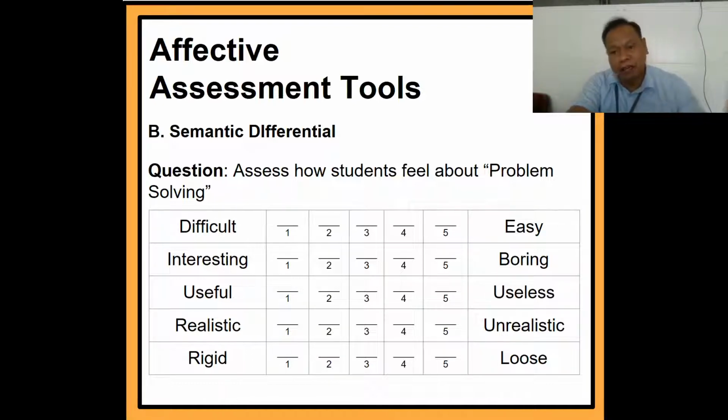Okay, difficult on the left side, easy on the right side. So they can just look at either five, one, two, interesting or boring, useful and useless. So in a sense, students or respondents can circle or can identify what is their preference.